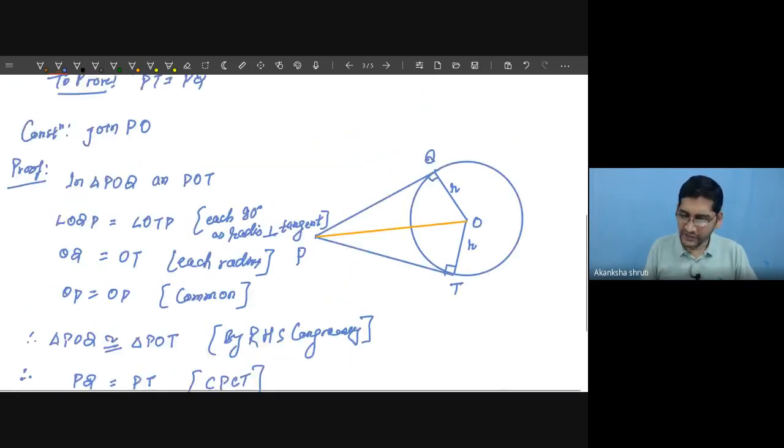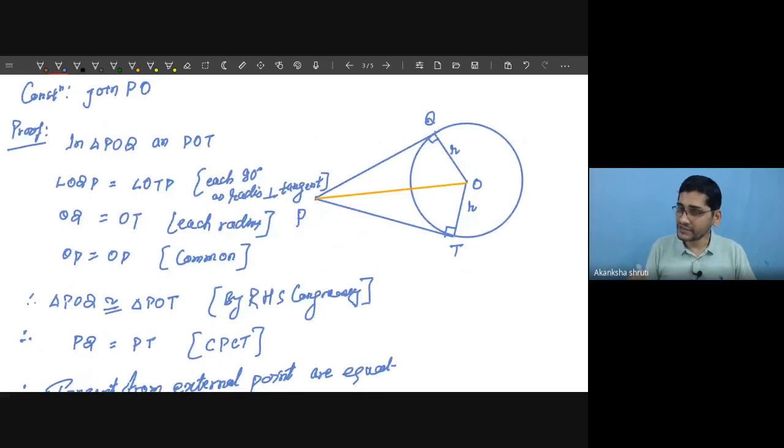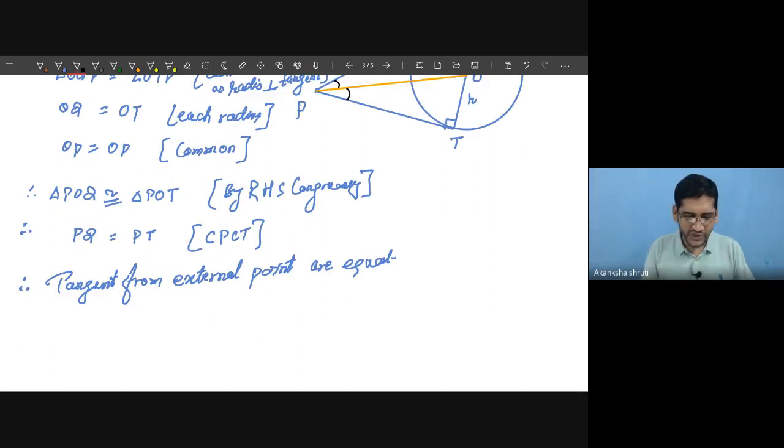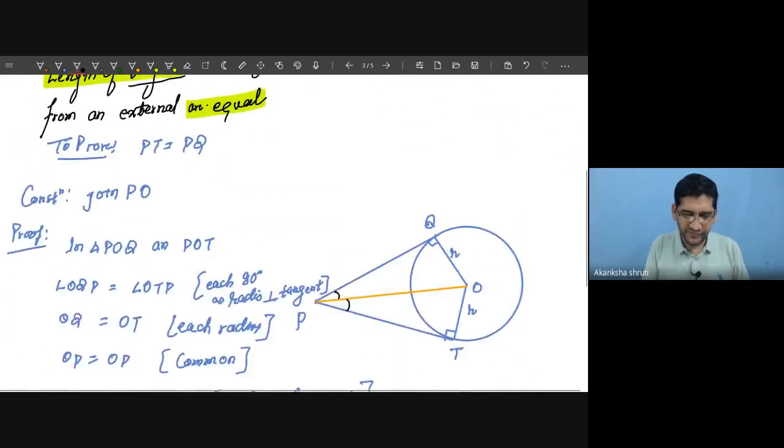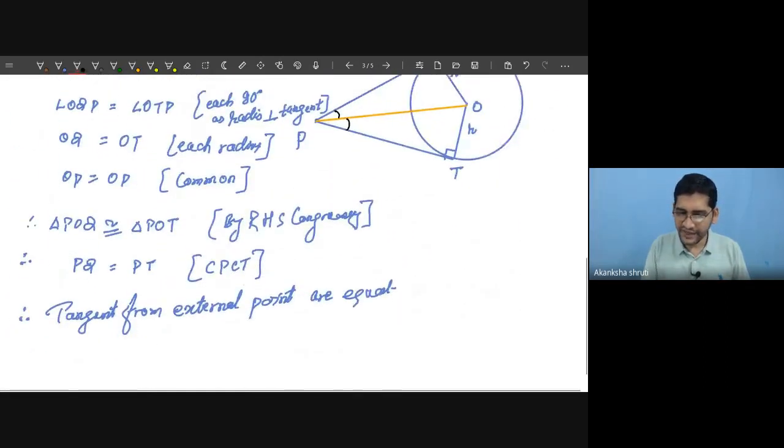It is one thing that we have proven, but this gives another thing also. What is that? Student, since these two triangles are congruent, the other thing that we can observe is regarding this angle. This angle will also be equal to this angle. Though it is not part of this theorem, it is very helpful.